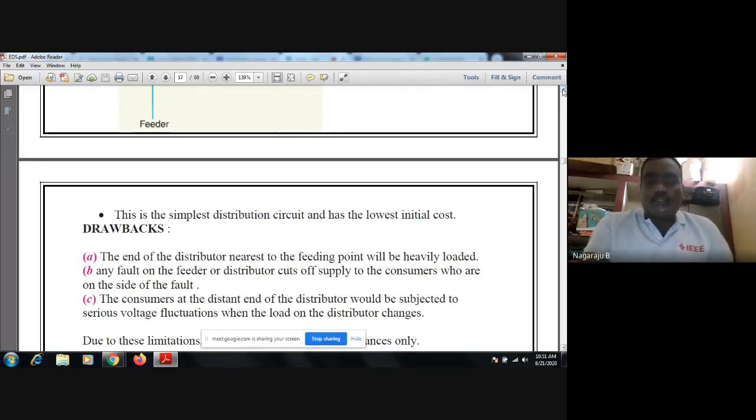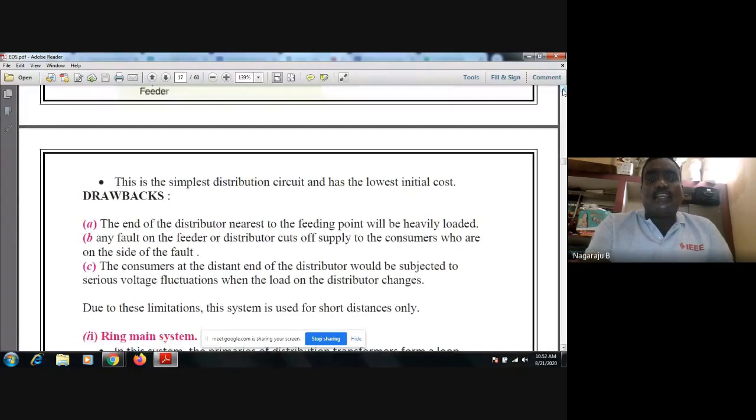The consumers at the distant end of the distributor would be subjected to serious voltage fluctuations when the load on the distributor changes. The customers at the last end of the distributor have serious voltage fluctuations.